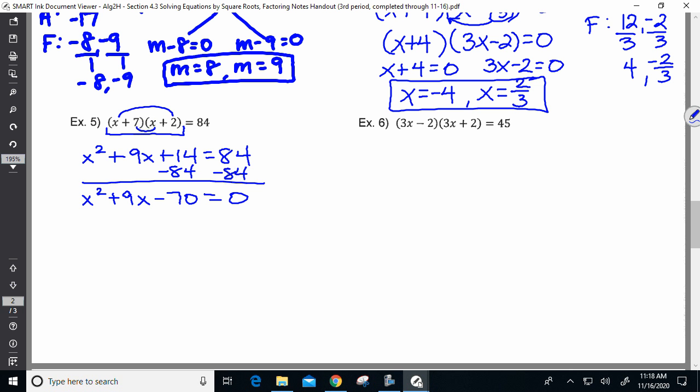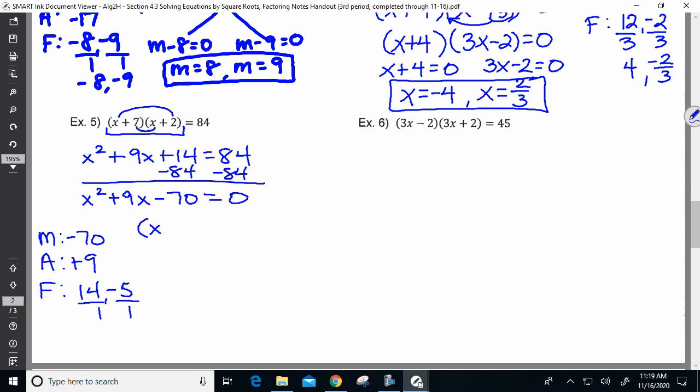We've got 3 terms. Now we solve it out. 3 terms is MAF, so we need 2 numbers that multiply to negative 70 and add to positive 9. That would give us positive 14 and a negative 5 as the 2 numbers that we work. The leading coefficient is 1, but if we divide by 1, that doesn't change anything.